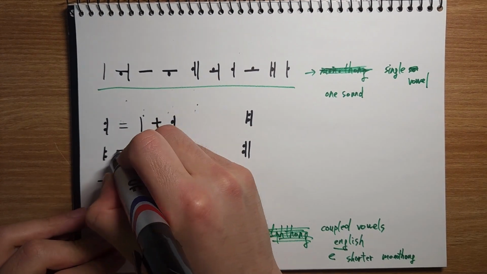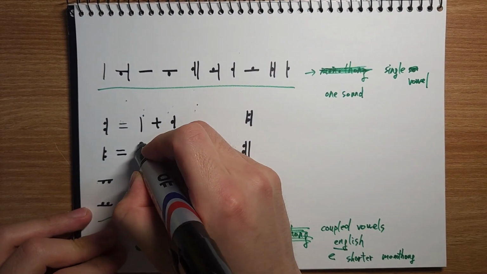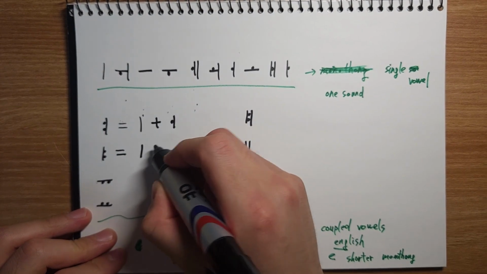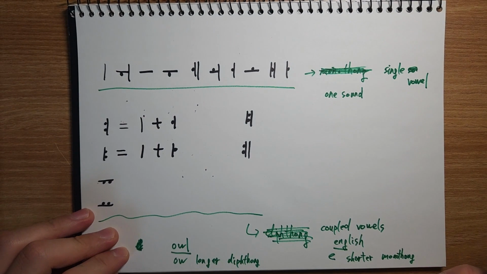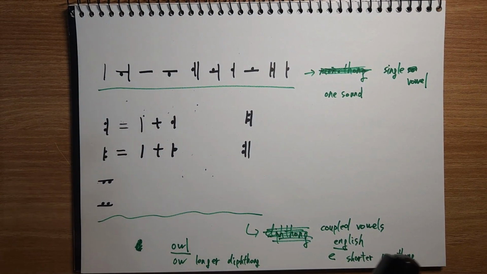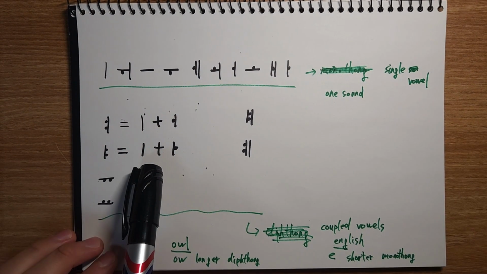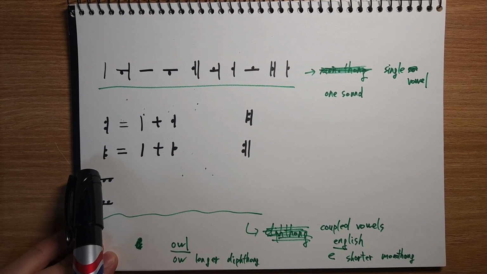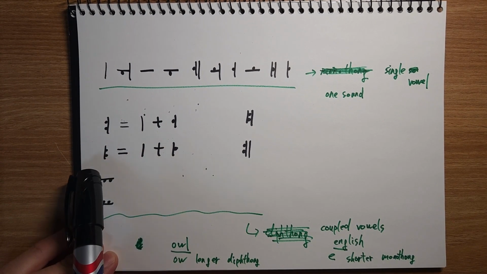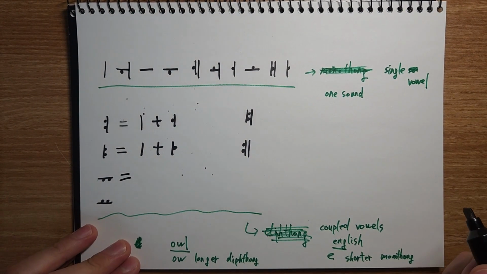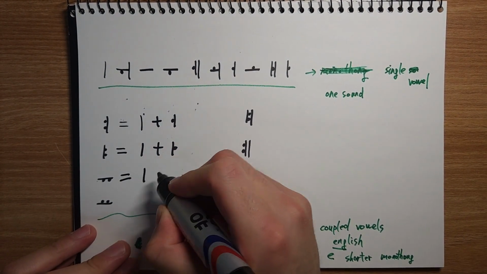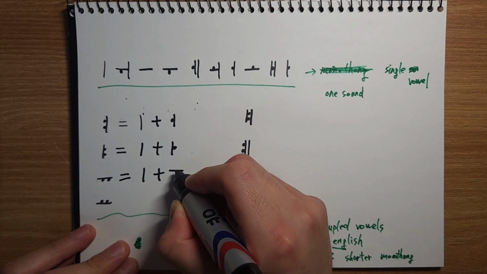And ya is e with a. When you speak e and a really fast, it became ya. And yu is a combination of e and u.